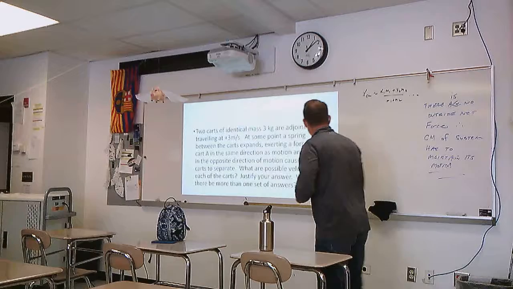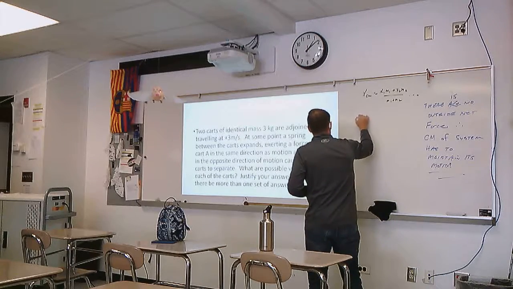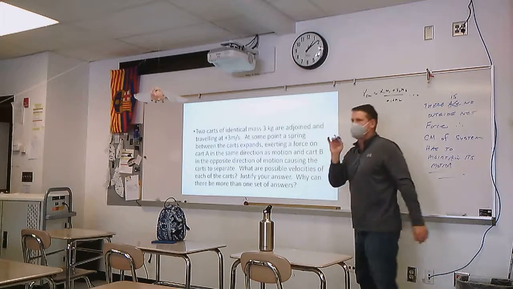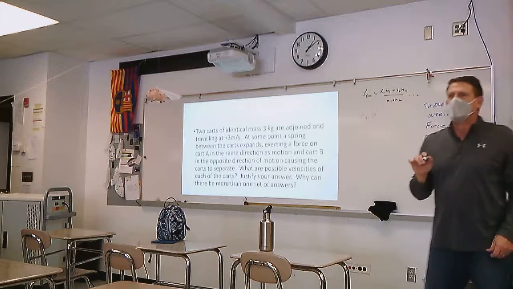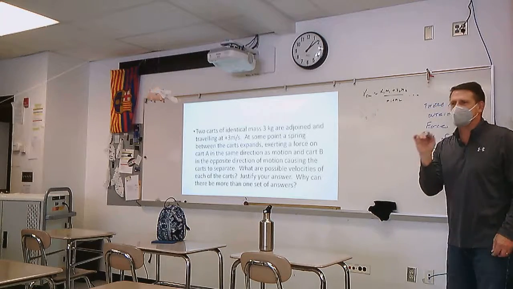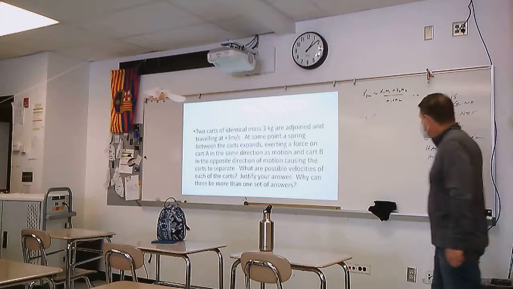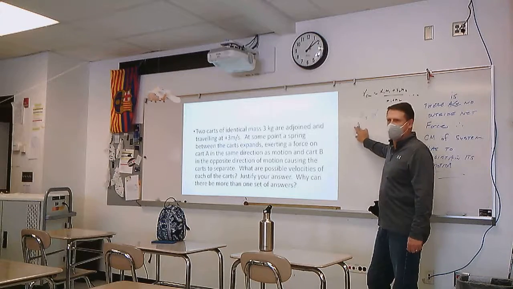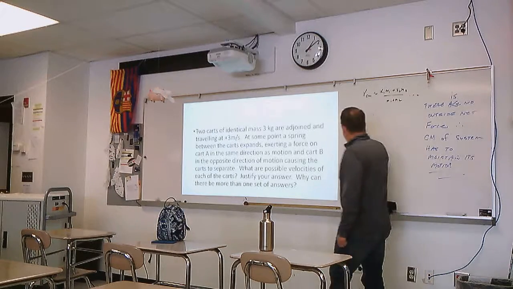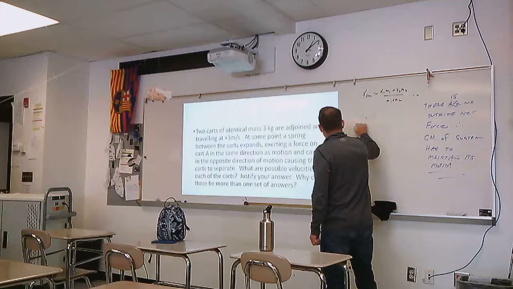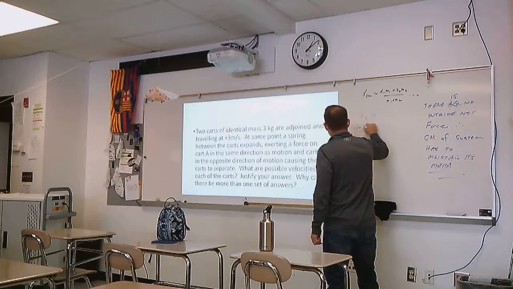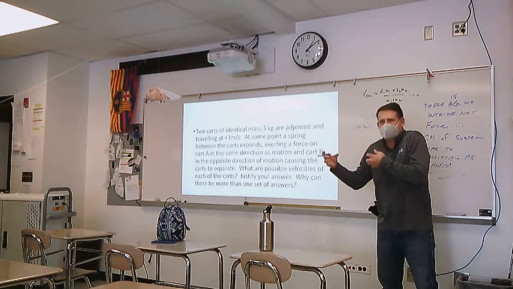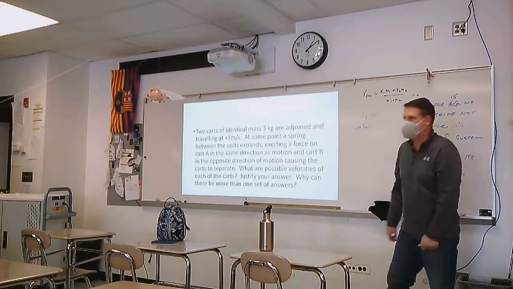All right. So look, we did a really nice job. The momentum before the spring goes off must equal the momentum after the spring goes off, because there's no external forces. Here's the thing though, this initial momentum is not 0. It's 6 kilograms times 3 meters per second. 2 combined masses times the velocity of the combined mass.